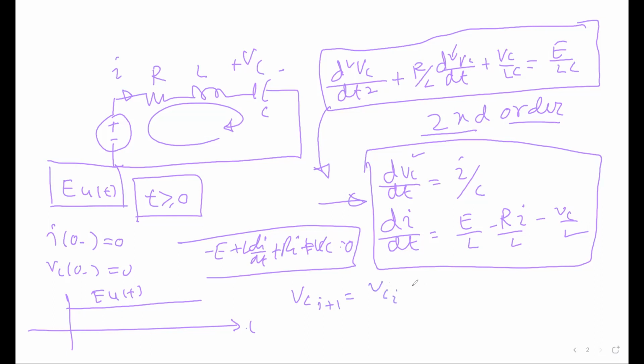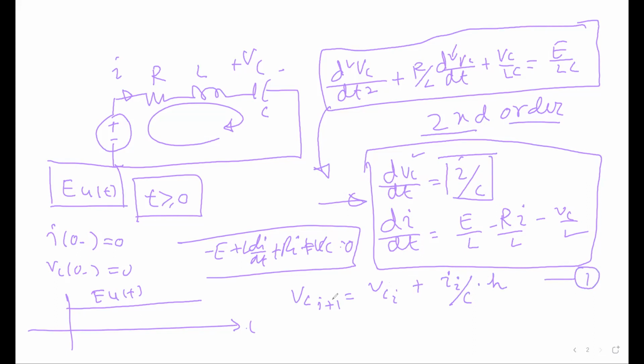Vc at i plus slope. What is the slope actually? You can consider this slope at i, I divided by C, multiplied by the step. Is it not the Euler algorithm for solving your first equation?